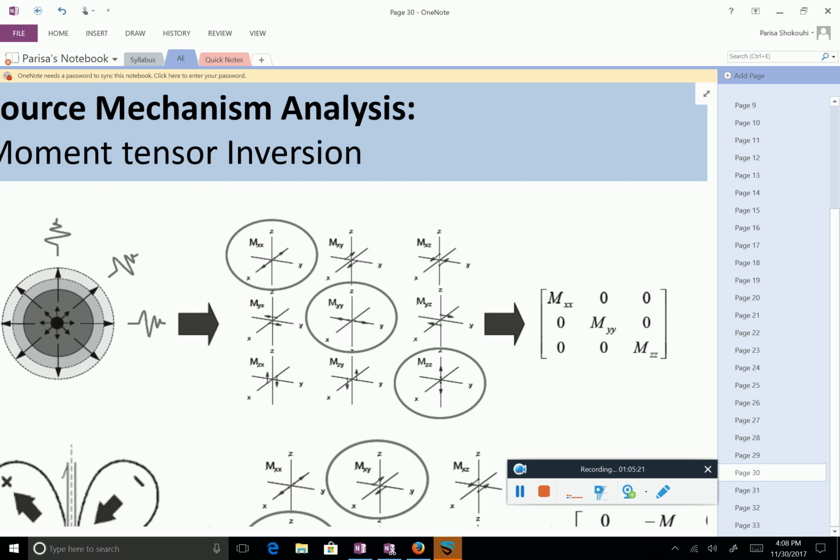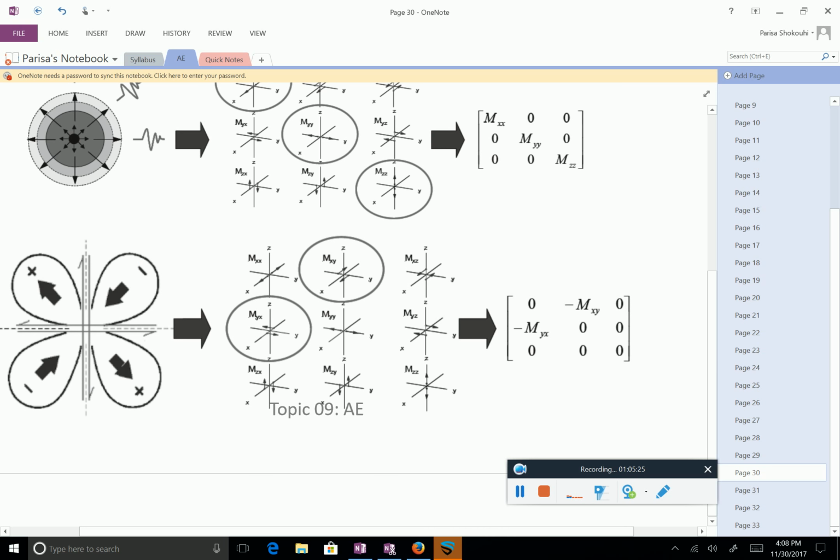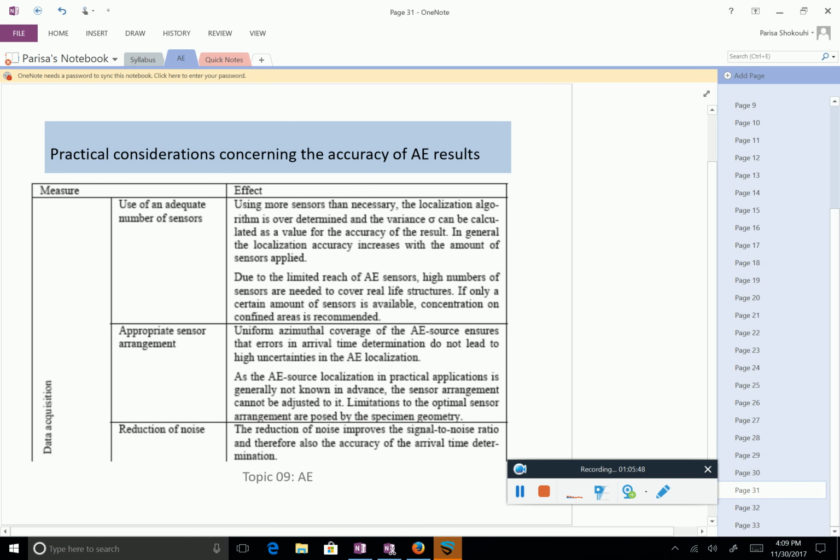And if you have a pure shear crack, depending on which direction, this would be different. But for this case, you would get these two, so you can see the movement of this. So the fact is, you are going to get a lot of information from the data.